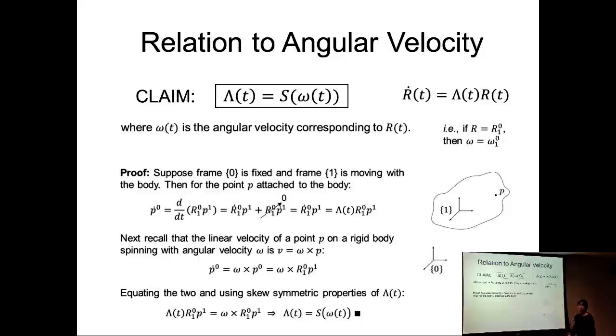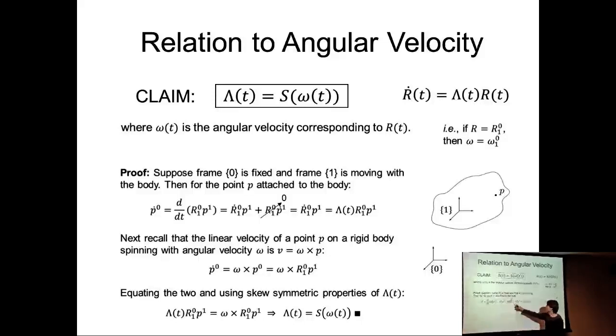We'll put a point P on this rigid body. Let's look at the motion of P. The derivative of P0 is simply the derivative of R01 P1. Remember, P0 is R01 P1, so P0 dot is d by dt of R01 P1. When we take this derivative, remember, it's the derivative of the first times the second plus the first times the derivative of the second.